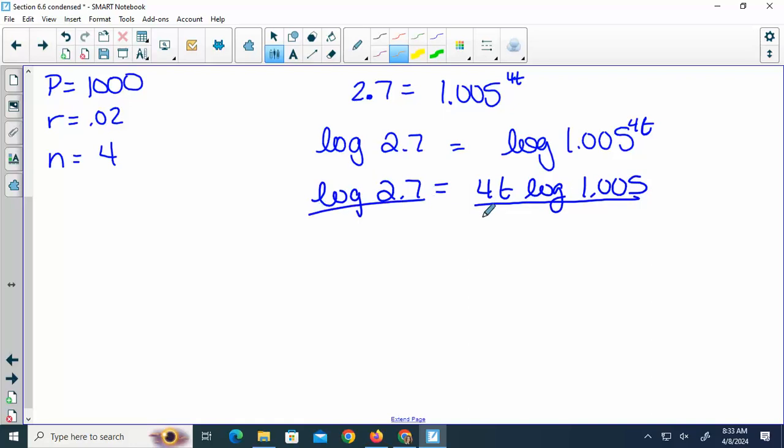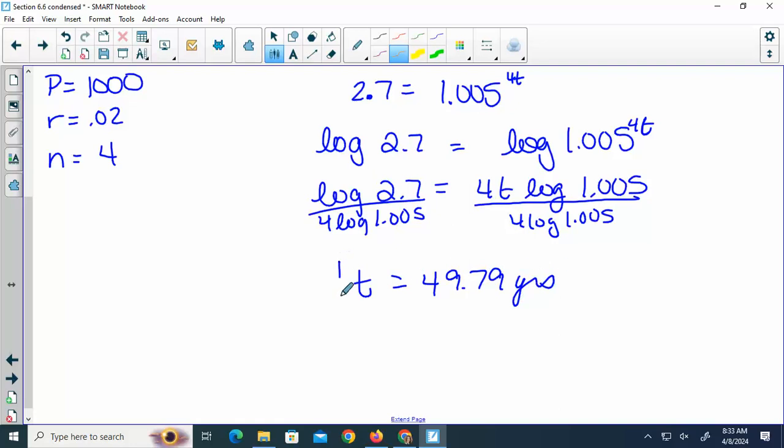So to solve for T, we can divide by the 4 log 1.005. So a lot of the same equations that we were solving last week, we just have to go through the work of setting them up. So log 2.7 divided by 4 log 1.005 is 49.79 years.